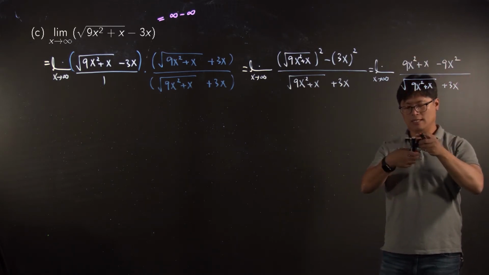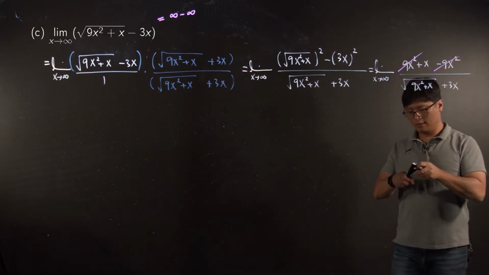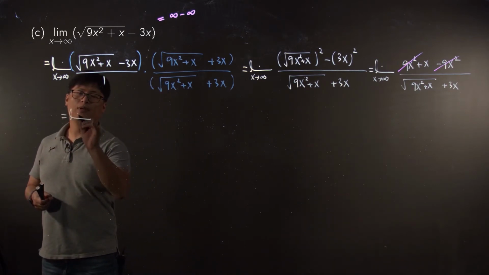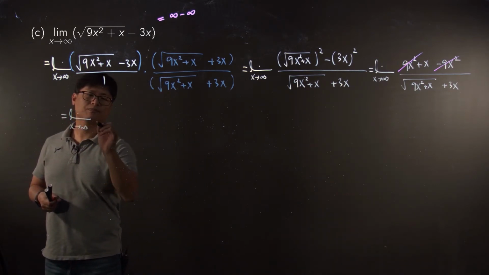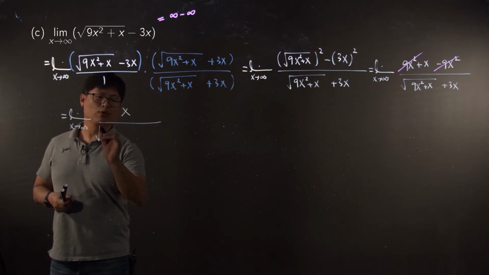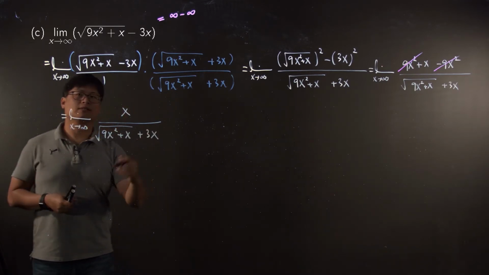Let me simplify your numerator. That's gone, right? So it is equal to the limit as x goes to infinity of x over square root of 9x squared plus x plus 3x.